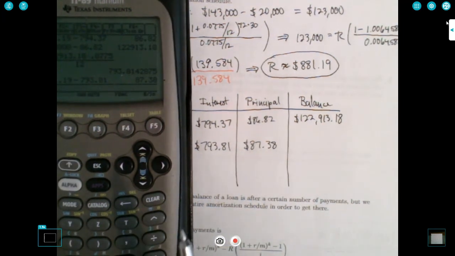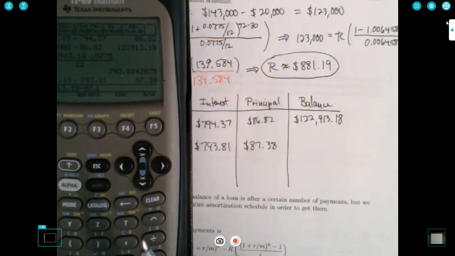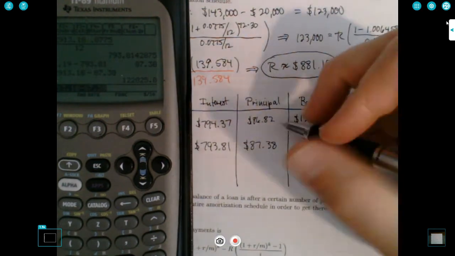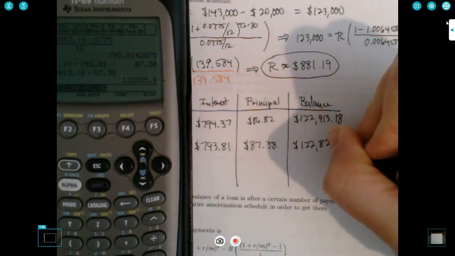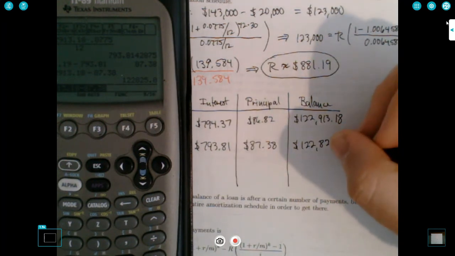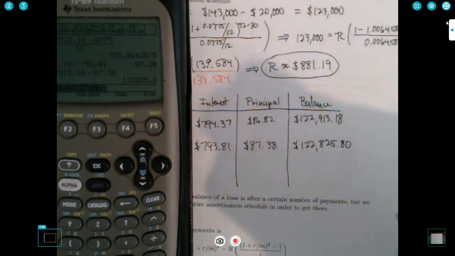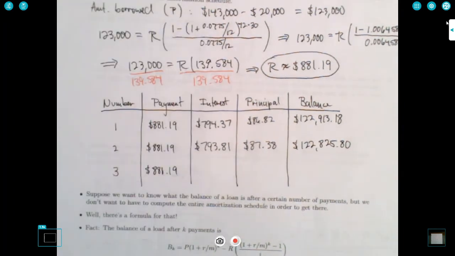So now their balance is $122,825.80. Okay, so third row of the table, and then we'll be done with this problem.